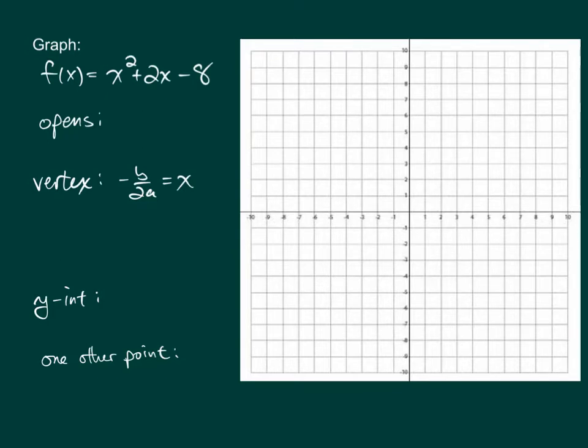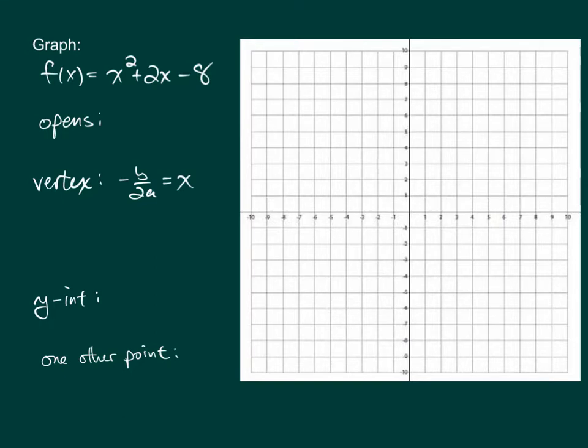Graph f of x equals x squared plus 2x minus 8. This is a quadratic function. You can tell because there's a square. The number in front of the x squared, the coefficient of x squared, tells you whether or not this graph will open up or down.